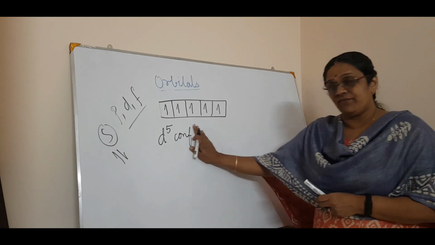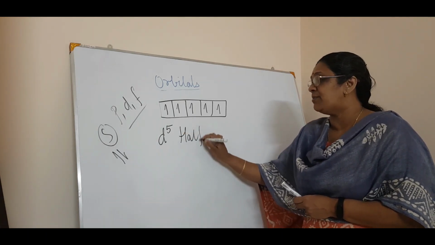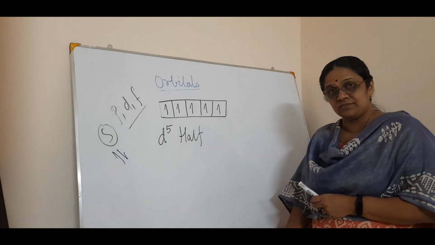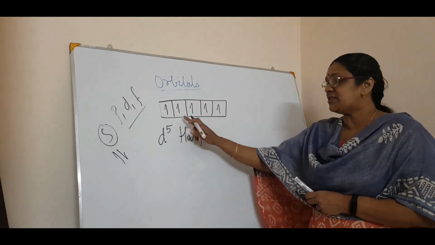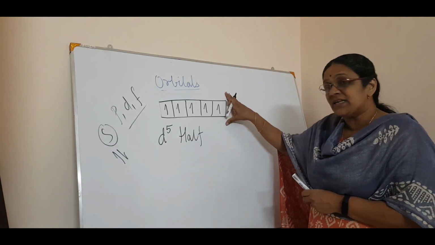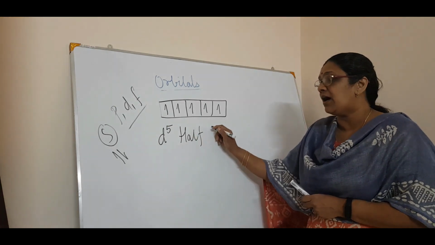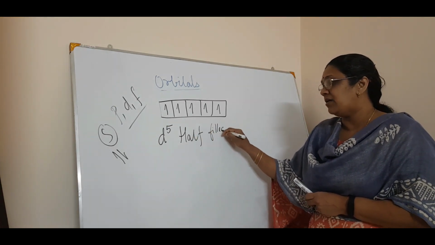If there are d5 electrons, this is said to be half-filled stability of the d orbital, because, by Hund's rule of maximum multiplicity, each orbital has at least 1 electron. This configuration has an extra stability.